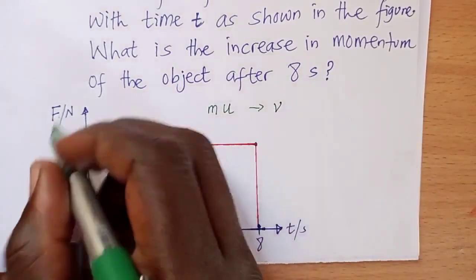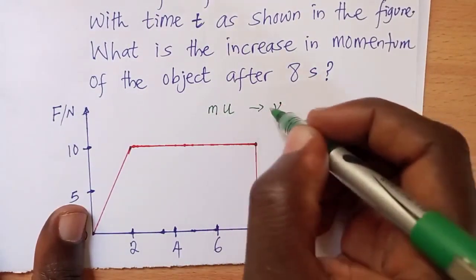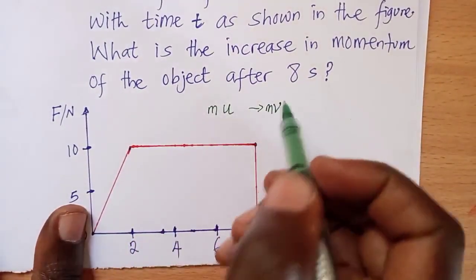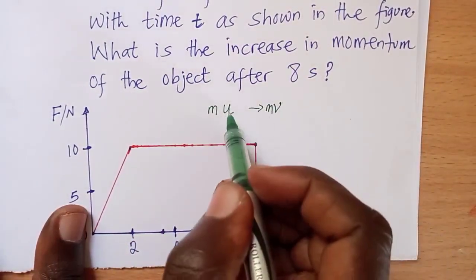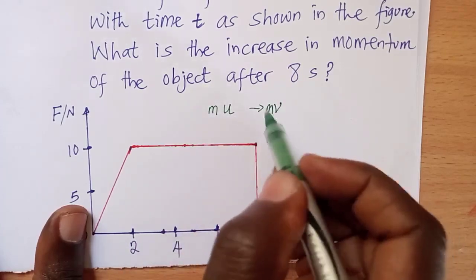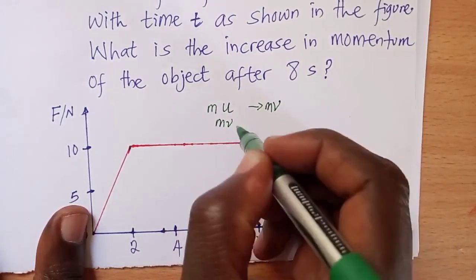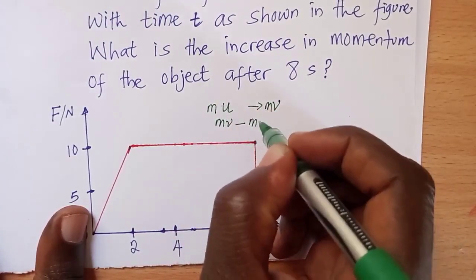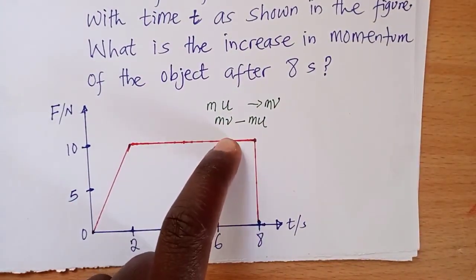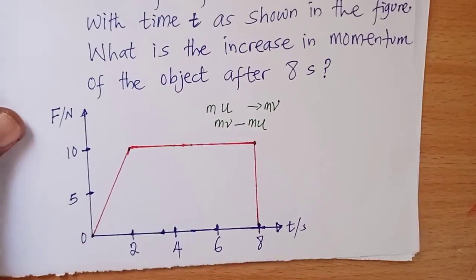And when the force changes u to v, the new momentum is mv. So if v is greater than u, it means there is an increase in momentum, and the increase in momentum is this final momentum, mv, minus this initial momentum, mu. The question is, how do we get this mv minus mu from the graph given?